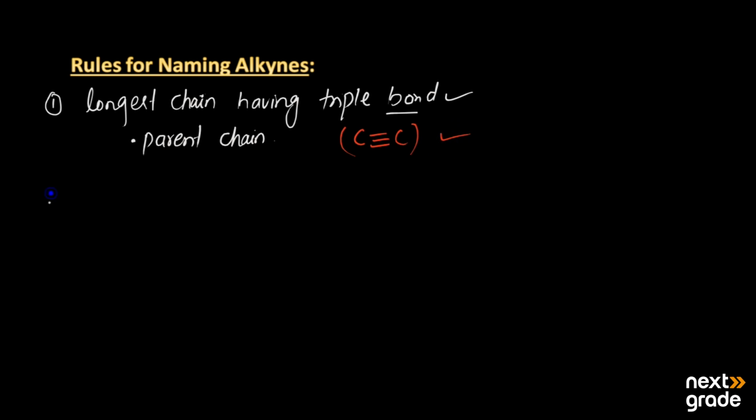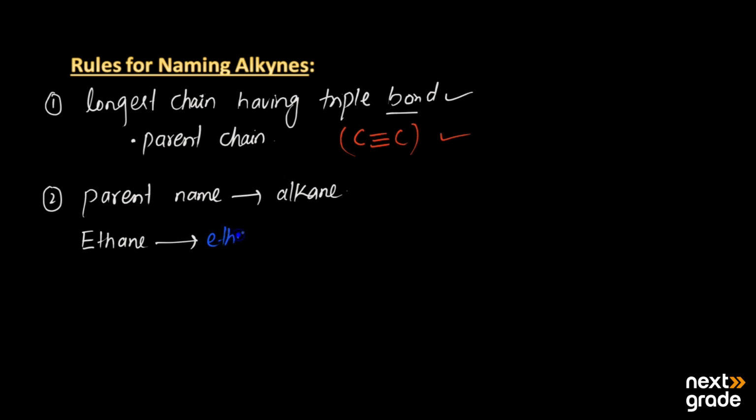After that, the second rule is that the name of the parent chain will be derived from the respective alkane. Like if we have two carbon atoms, then ethane changes into ethyne, as the parent name of the chain will be ethyne if the number of carbon atoms is equal to 2.